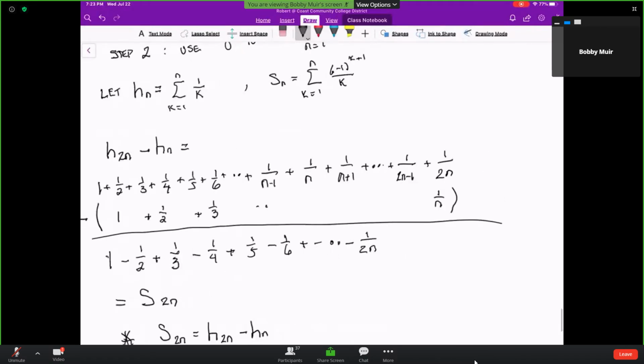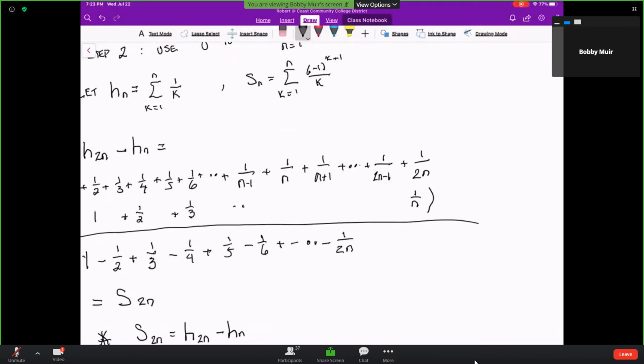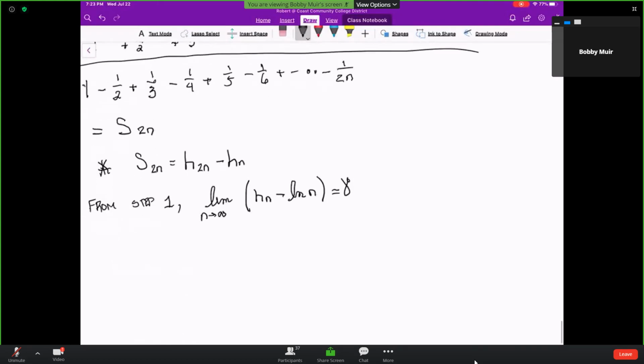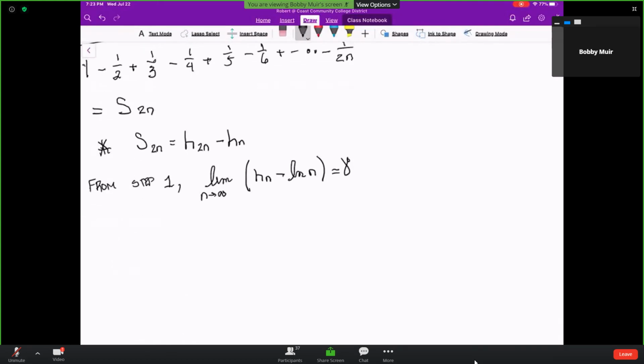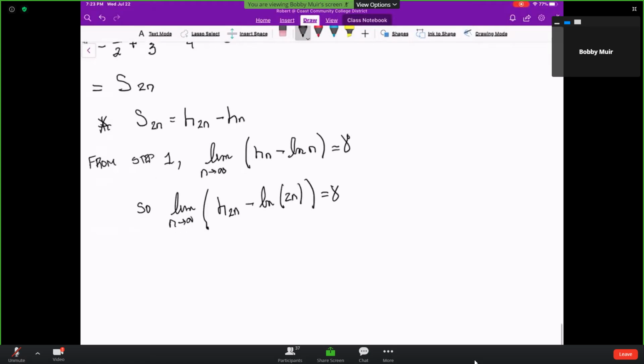He added up to n, and then he subtracted off the log. So the H_n is just to add up that part. And so if that's the case, by doing a variable substitution, the limit as n tends to infinity of H sub 2n minus the natural log of 2n would also be the Euler constant.